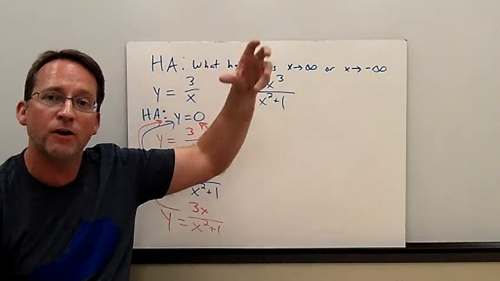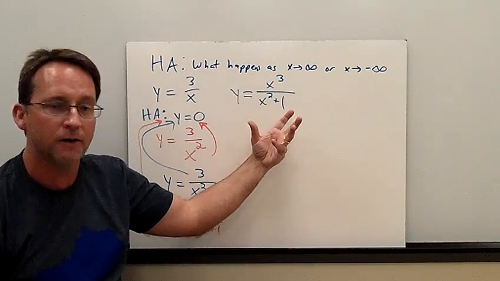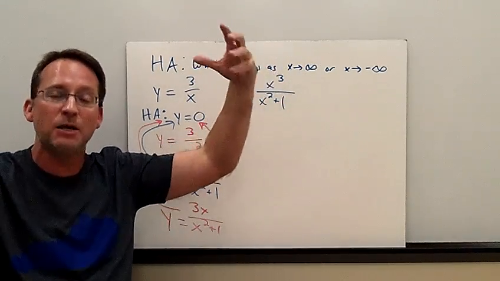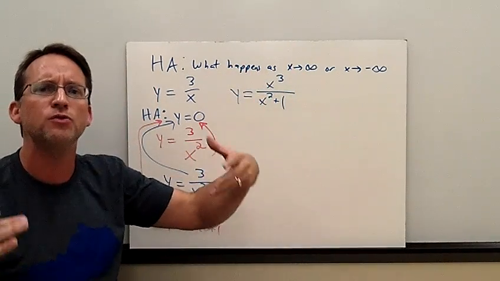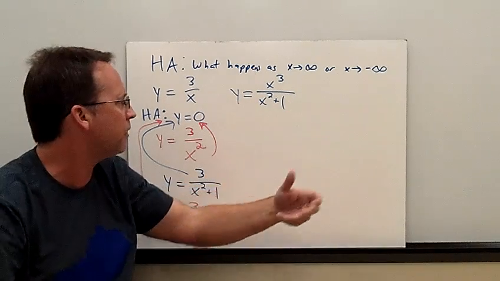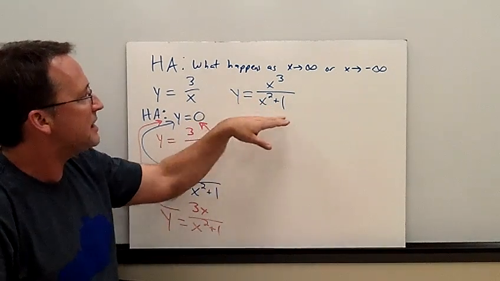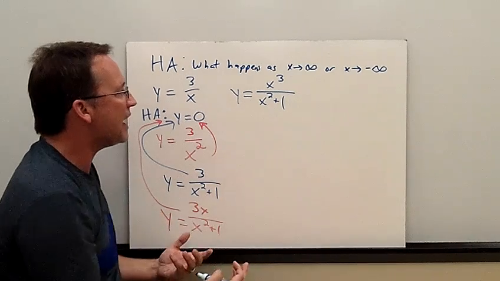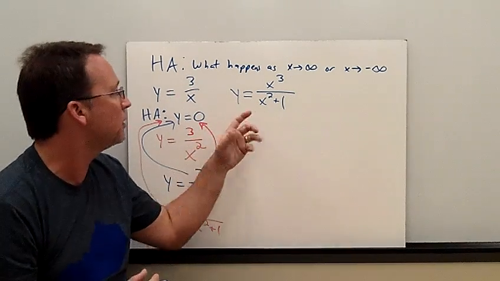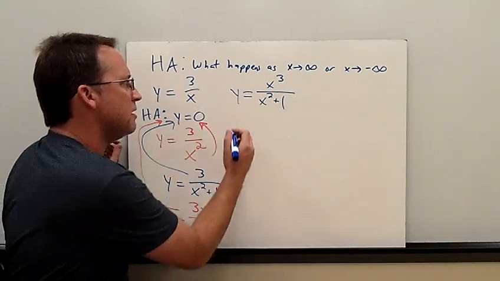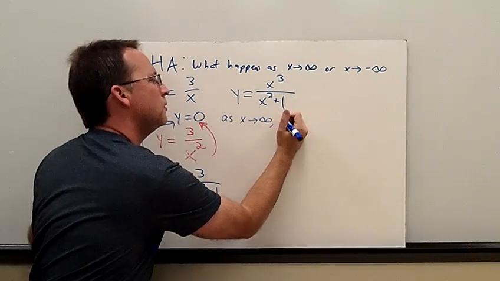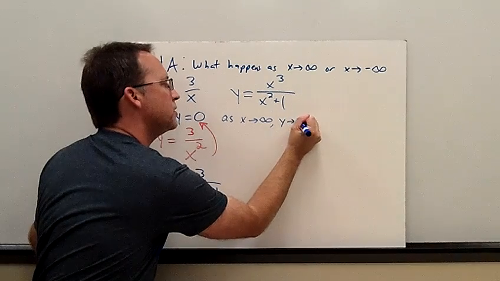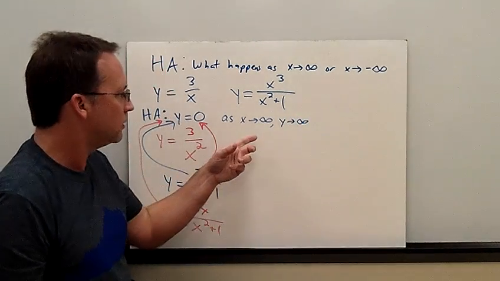As the numerator grows larger than the denominator, that fraction is top heavy. It's getting bigger and bigger and bigger. That makes the fraction's values get bigger and bigger. So as this happens, y is going to get bigger and bigger and bigger. Going back to end behavior, as x approaches infinity, y also approaches infinity.